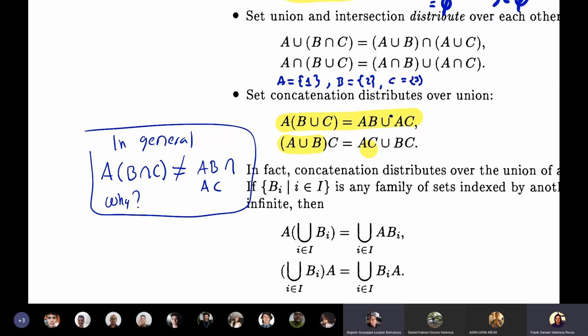Profe, the only case in which that would hold is if B and C are equal, right? Yes, that will work. But it's not the only case. There are lots of cases where it holds, but in general it doesn't. So what I want you to find is three sets where that's not the case.